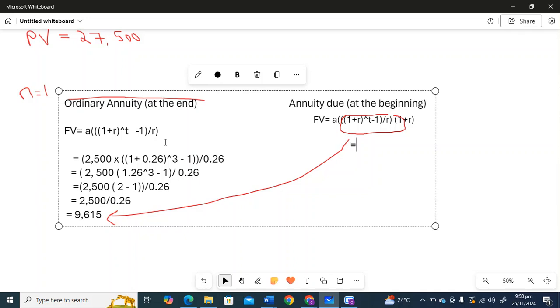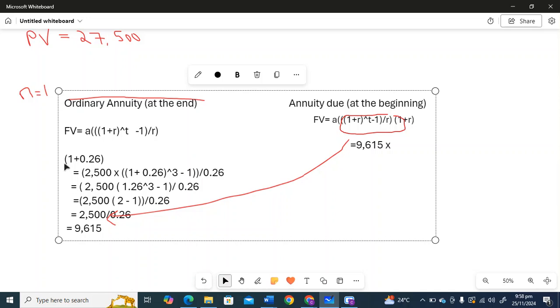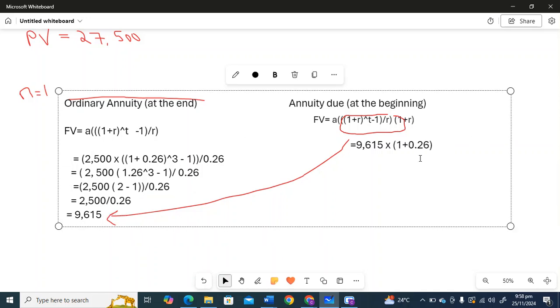So 9,615 multiplied by 1 plus 0.26, multiplied by 1.26, you get 12,115.5.